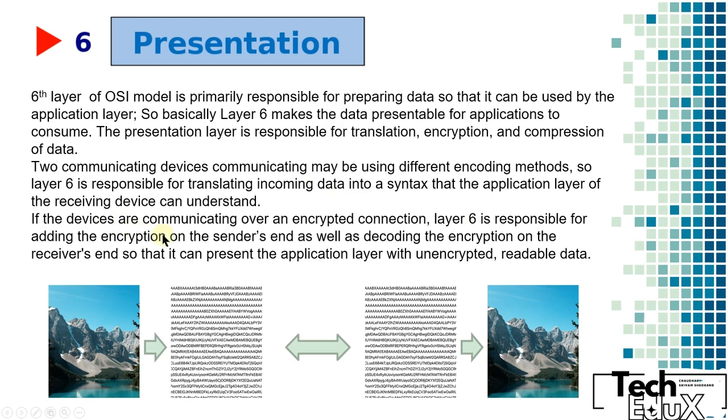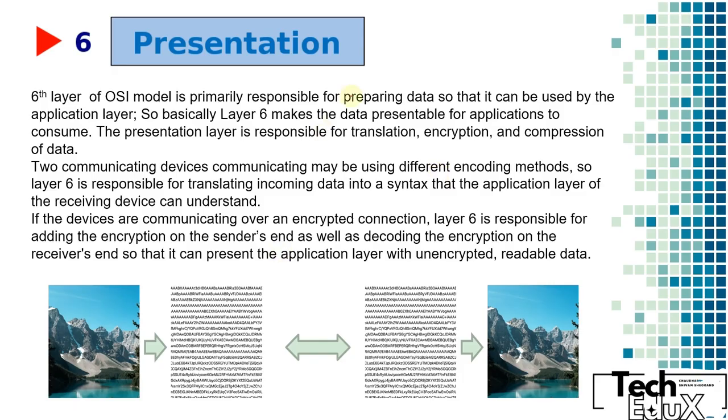If the devices are communicating over an encrypted connection, layer 6 is responsible for adding the encryption on the sender's end as well as decoding the encryption on the receiver's end, so that it can present the application layer with unencrypted readable data. So as I said, encryption also happens at the 6th layer.